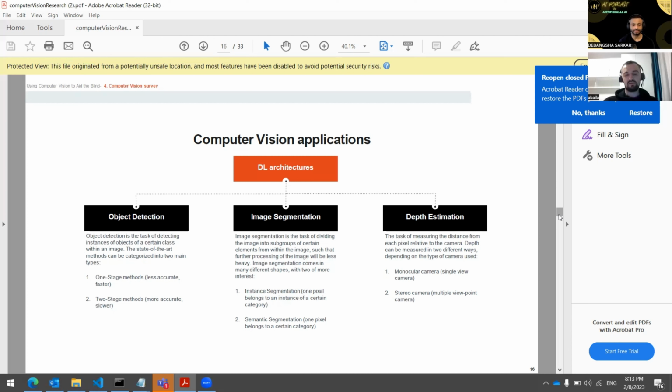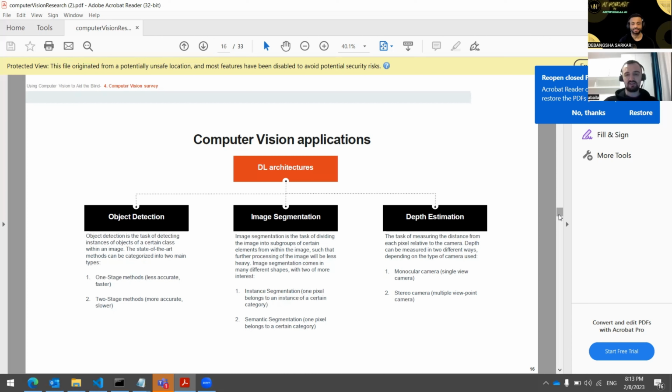So you annotate the things in the image based on classes. And here, what is of interest to us is basically two things. Instance segmentation, which is one pixel belonging to an instance of a certain category. And then there's also semantic segmentation, which is one pixel belonging to just a certain category. So you don't differentiate between instances. That's the fundamental difference, I would say.